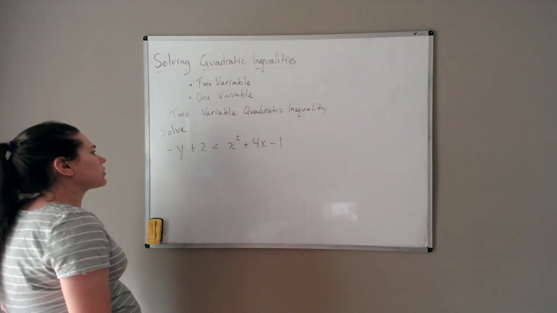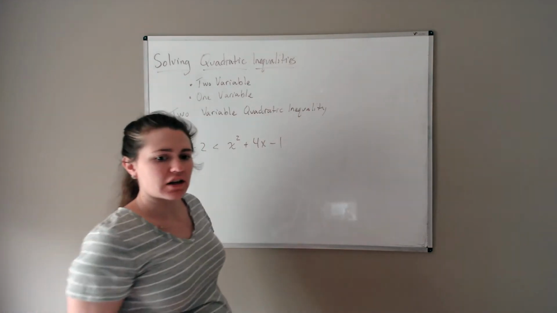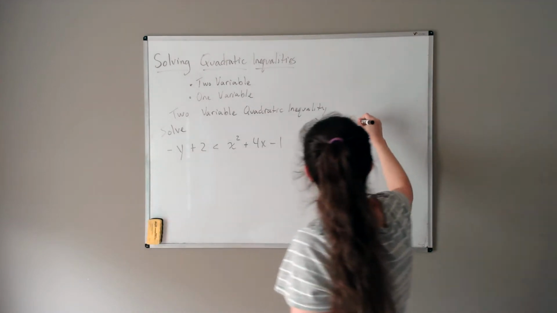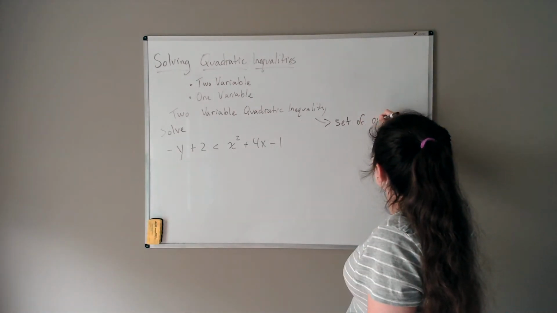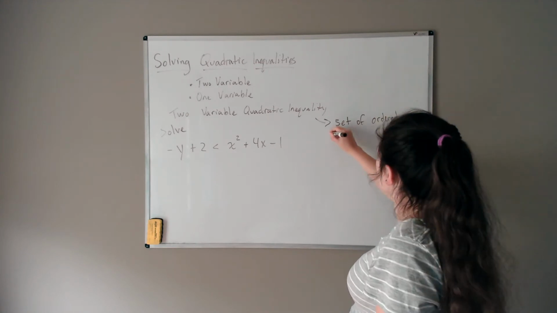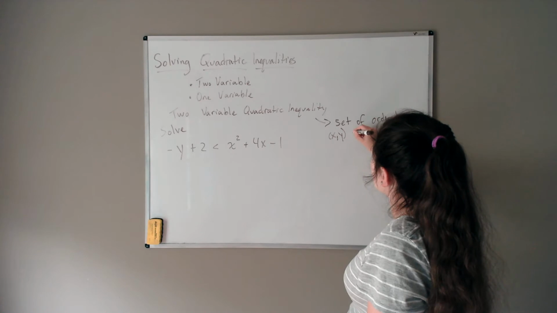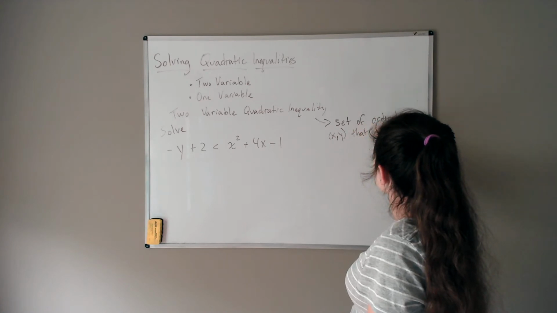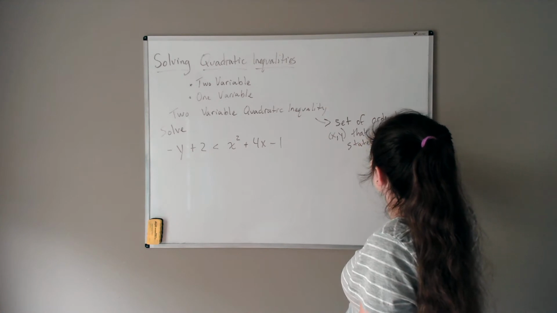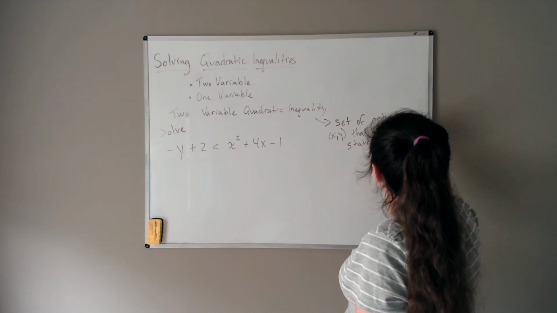Our solution to a two variable quadratic inequality is going to be all of the ordered pairs (x, y) that make this statement true. That is your solution.